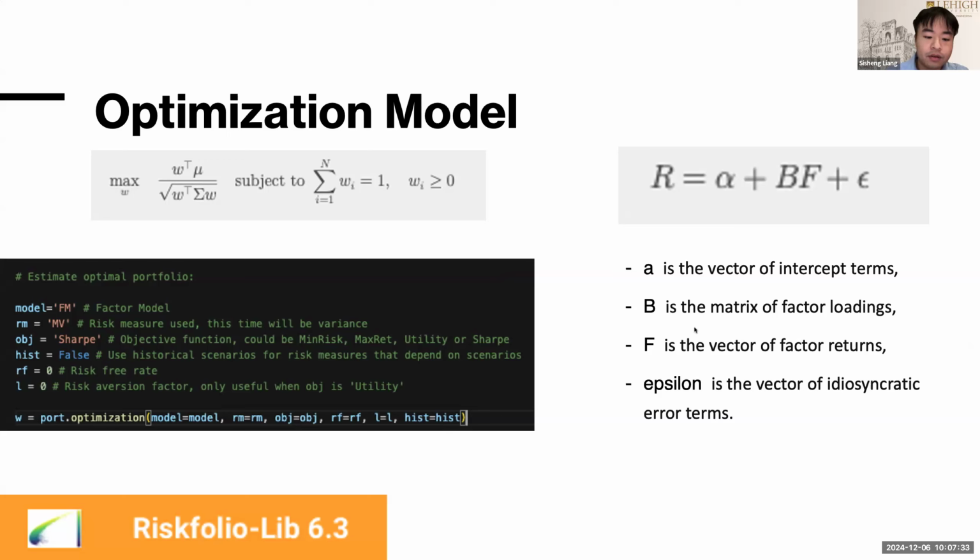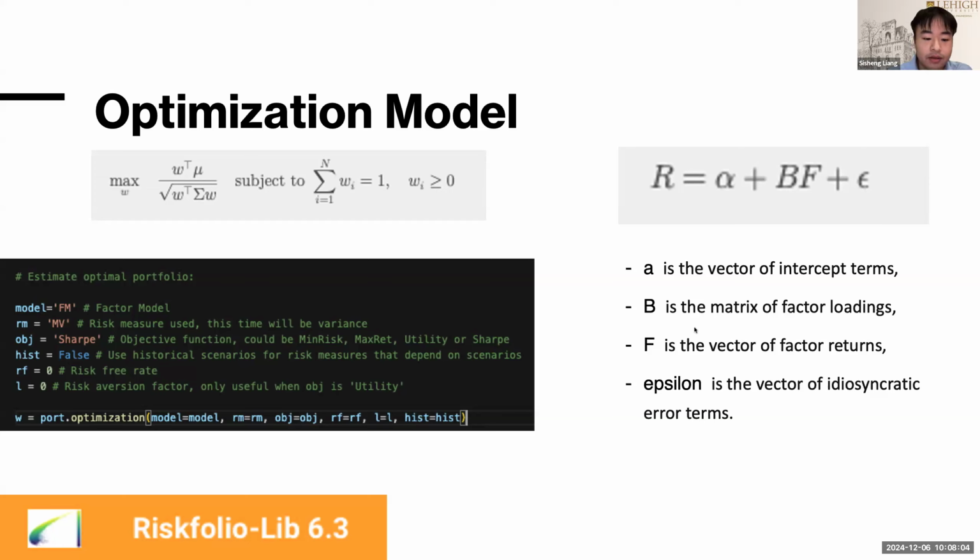This is the model used in the project. For the core part, the model aims to maximize the Sharpe ratio, which measures the return per unit of risk. The formula here shows that I am finding portfolio weights that maximize the ratio of expected return to risk, subject to constraints like weights summing up to 1 and being non-negative.